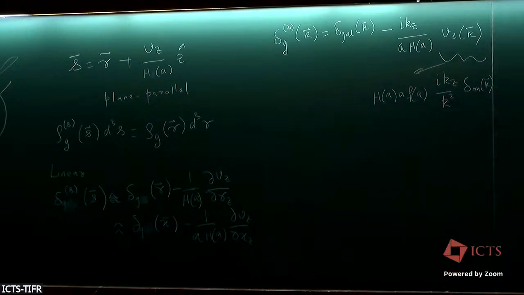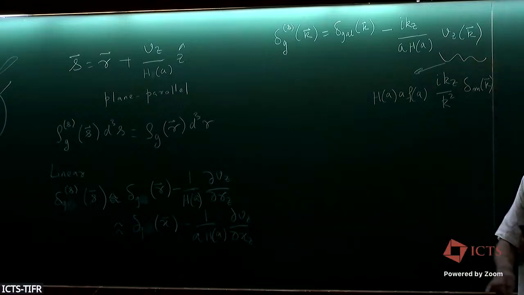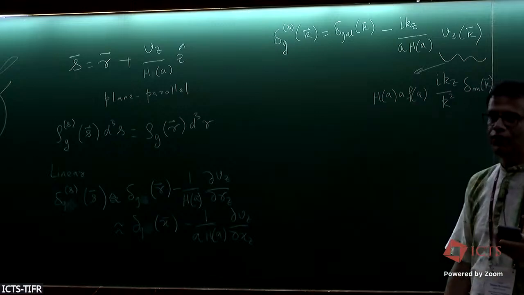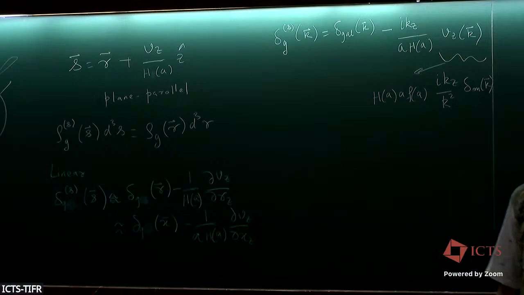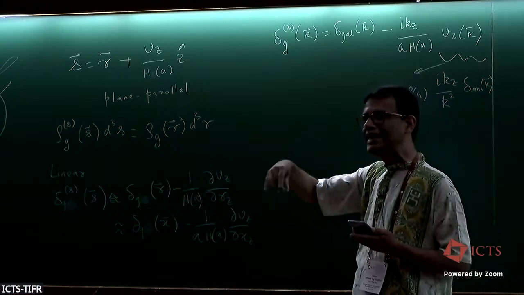So let me just explain. You can relate this velocity, the peculiar velocities, to the underlying matter density using the continuity equation or a combination of the continuity, Euler or Poisson equations. You may have to do some manipulation. You write them in Fourier space, and you will get there. Then you also have to put in the evolution part. If you go back and see, the velocity evolves as a times d dot.